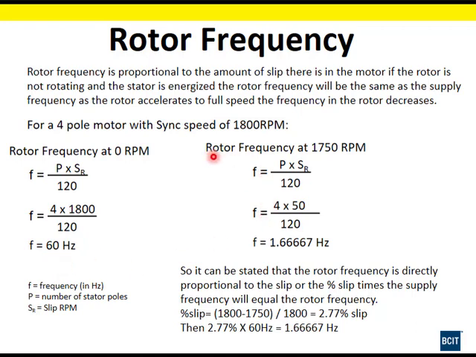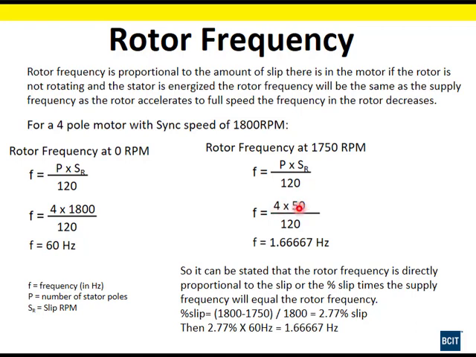Now, let's say the full load RPM for the motor is 1750 RPM. If we do the same calculation, the slip RPM is going to be the difference between the synchronous speed and the actual rotor speed, which works out to 50 RPM.